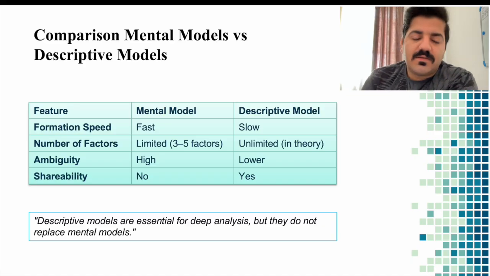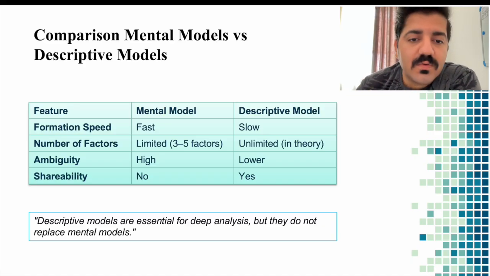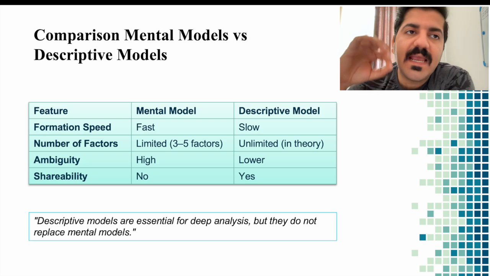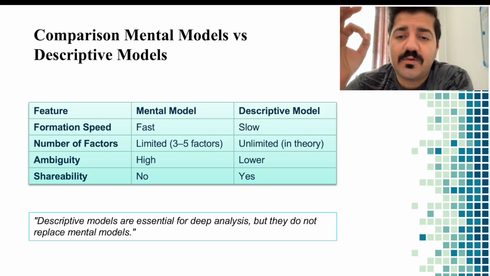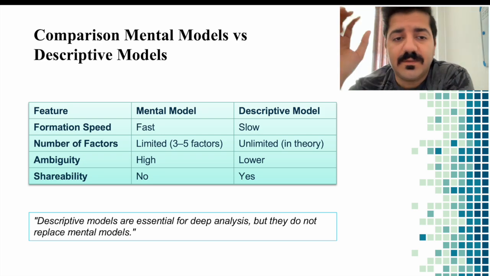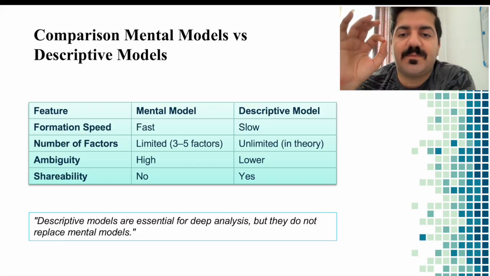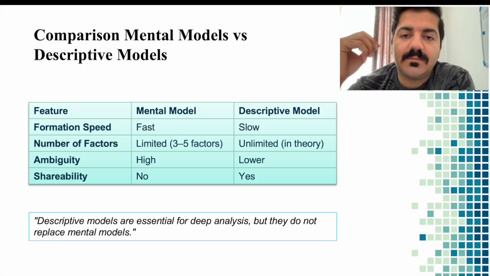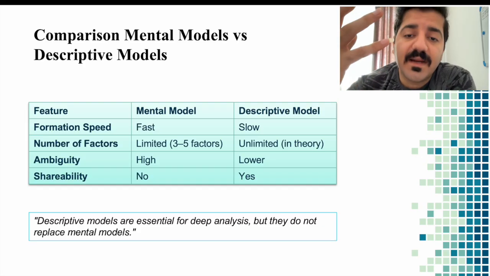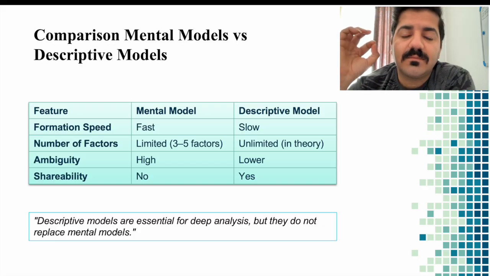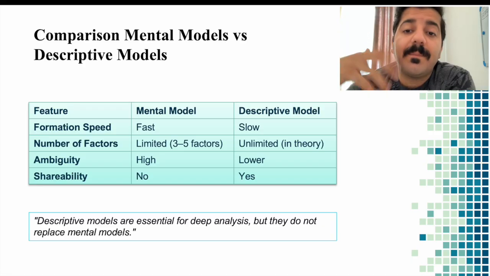For the key insight, use mental models for quick daily decisions. For example, should I take this job or not? But use descriptive models for big, complex problems that you need to understand clearly and that involve many factors.